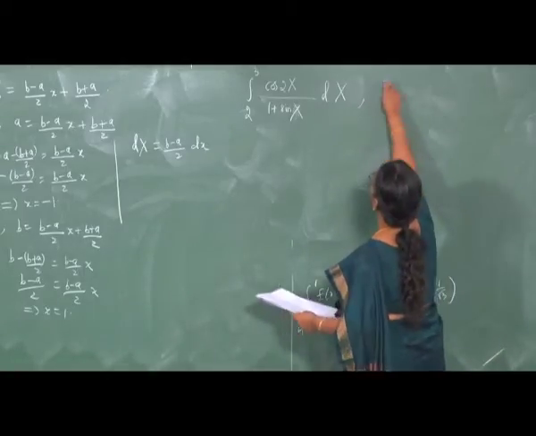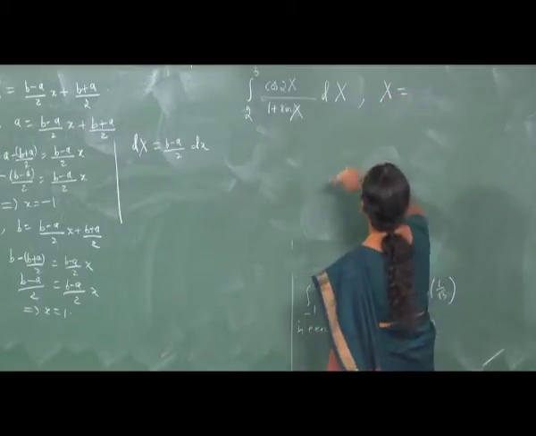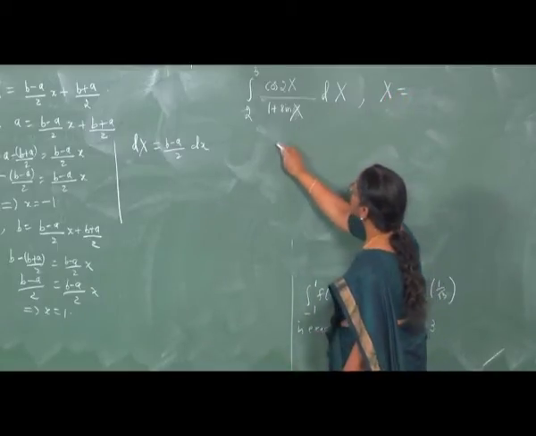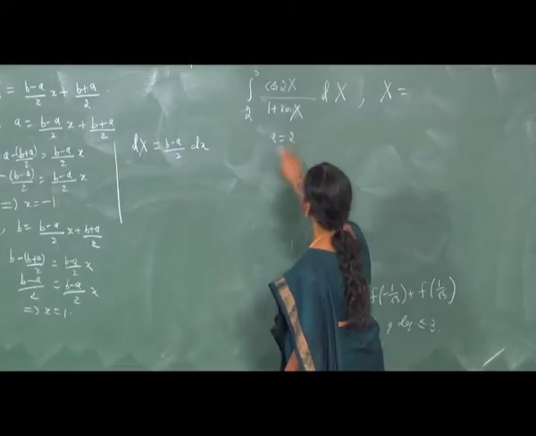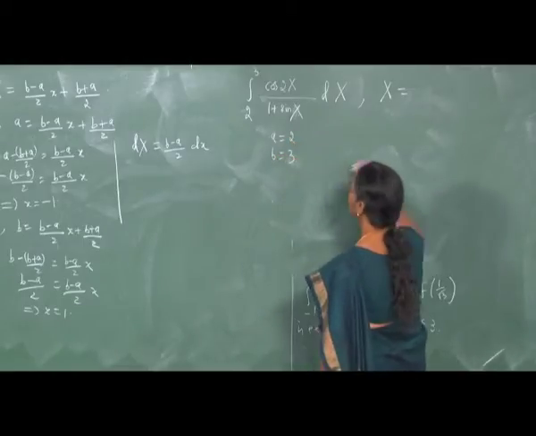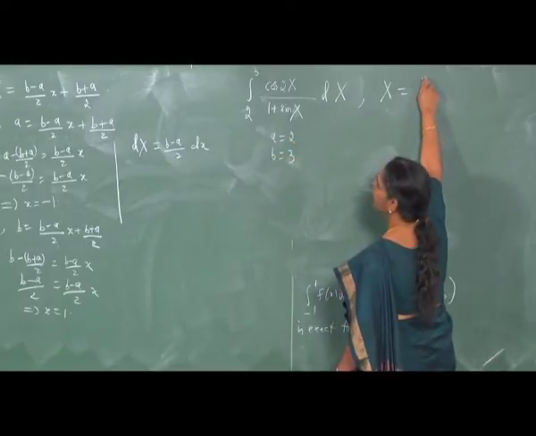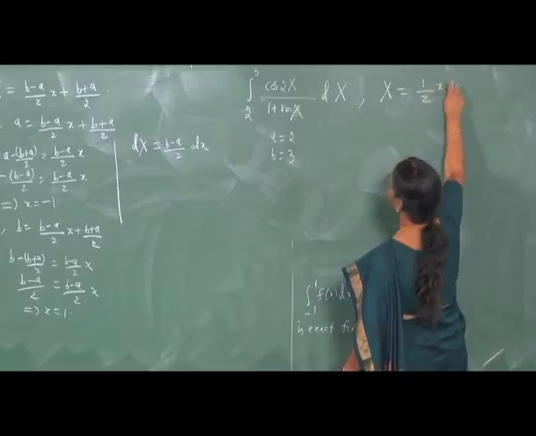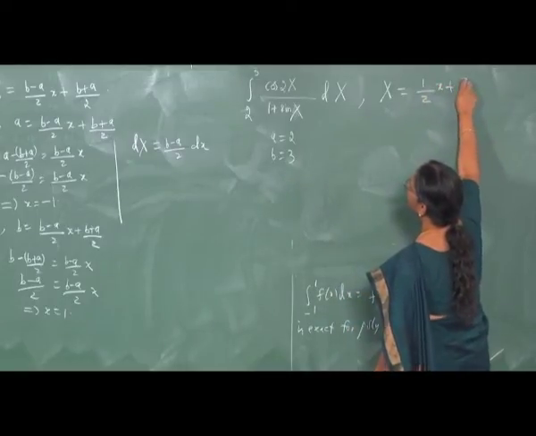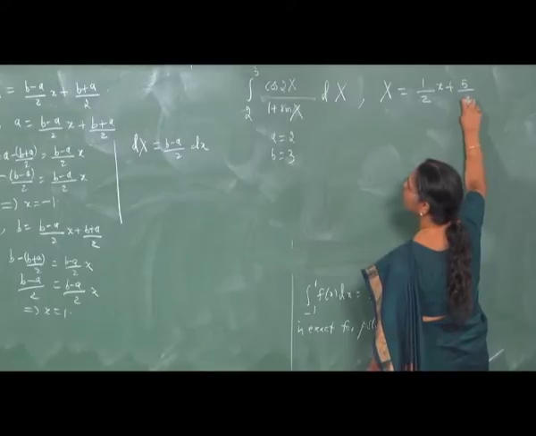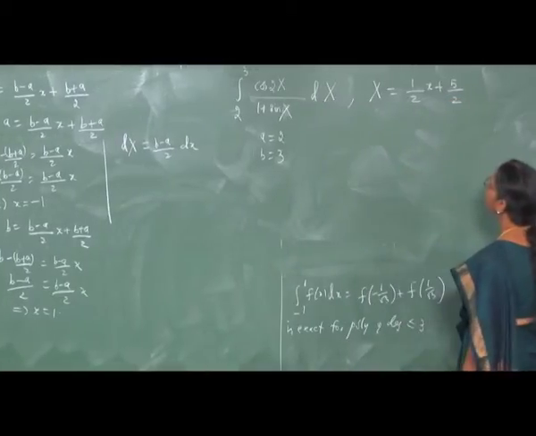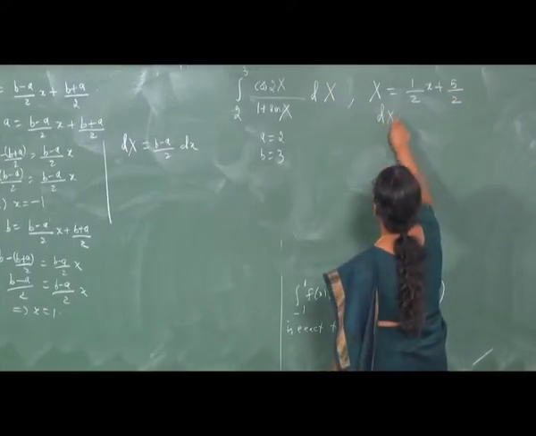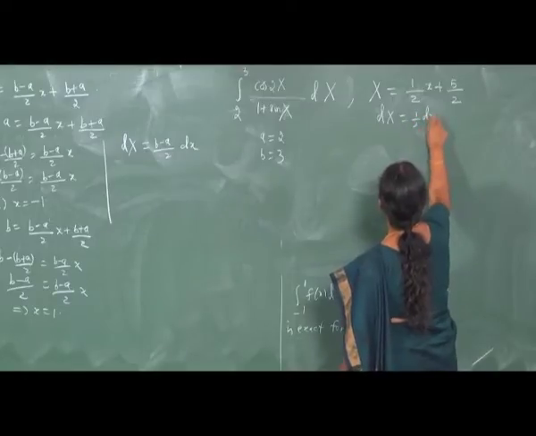So, we write down the transformation. X is b minus a by 2, so a is 2, b is 3, so b minus a, 1 by 2 into x plus b plus a, so 2 plus 3, 5 by 2. So, this is the transformation, and dx is half d small x.